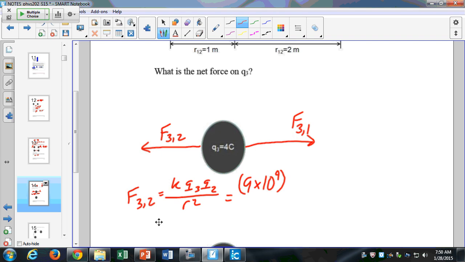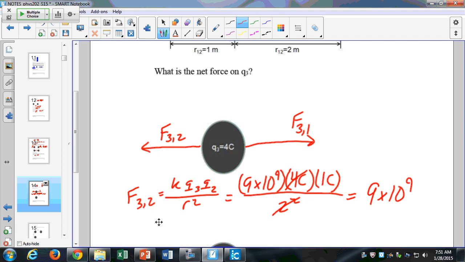Q3 was 4 coulombs. Q2 is 1 coulomb. Remember, no negative sign there. Divided by, what's the distance between 3 and 2? Right, 2 meters squared, right? So this cancels there, and we're left with 9 times 10 to the 9th.